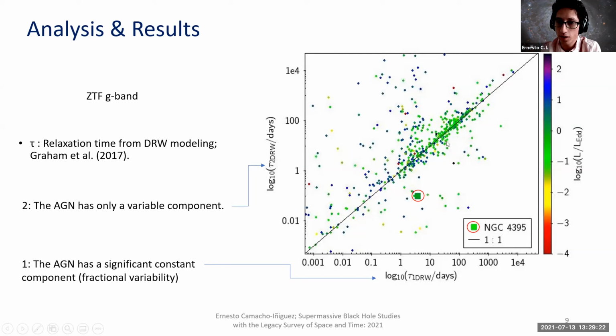In this particular figure, we can see that these points are color-coded by Eddington rate. And here we can see that the one-to-one relation is populated with sources that have Eddington rates between 0 and 1, and that the points that are more scattered present higher Eddington rate. This could have 2 explanations.